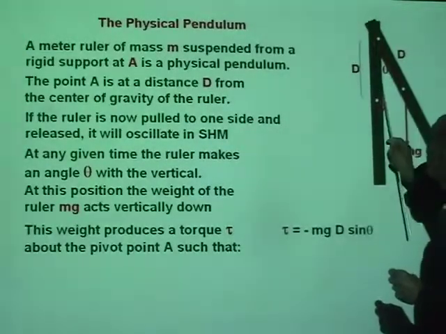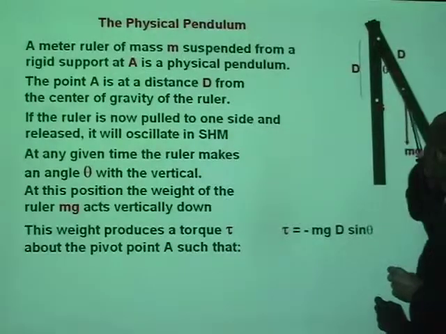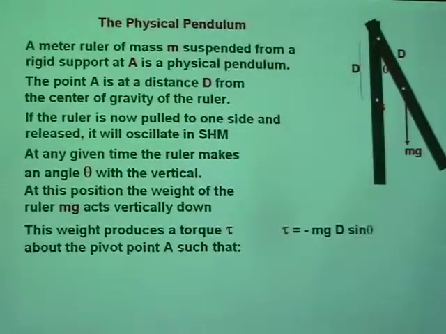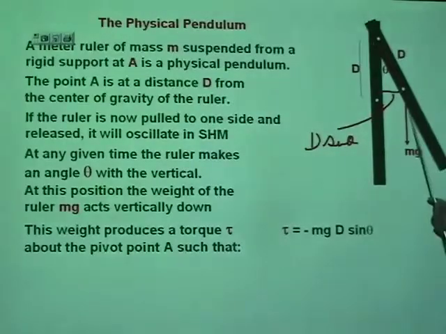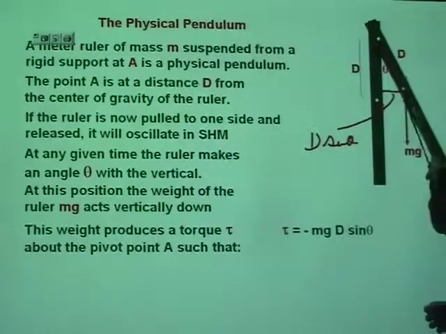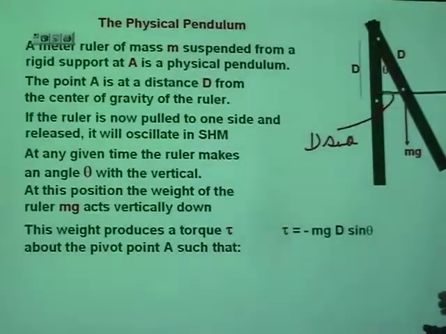And if this angle is theta, this distance is D, this distance will be D sine theta. Let me draw that for you. Now, this distance is D sine theta. And now, the torque produced by this force about this point will be this force multiplied by that distance.